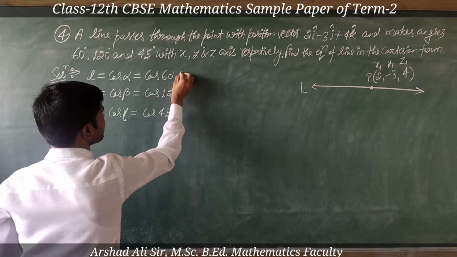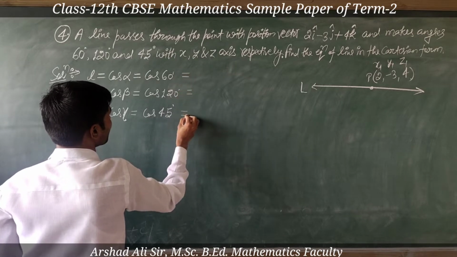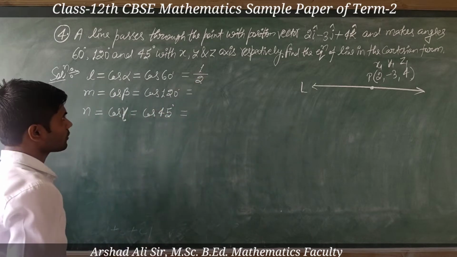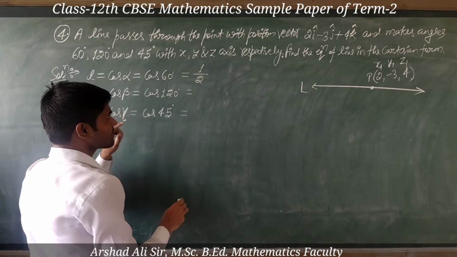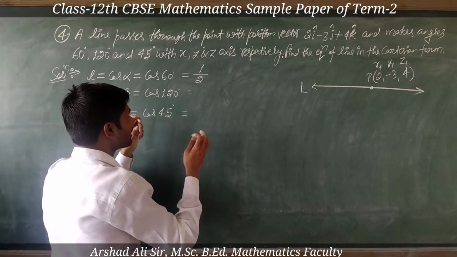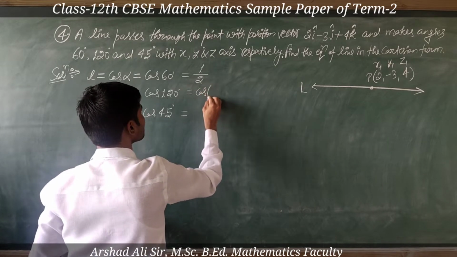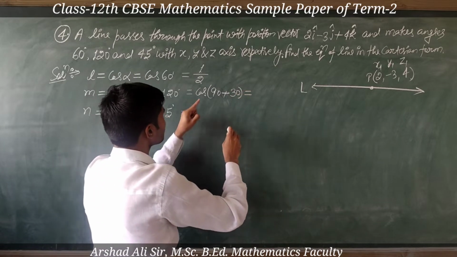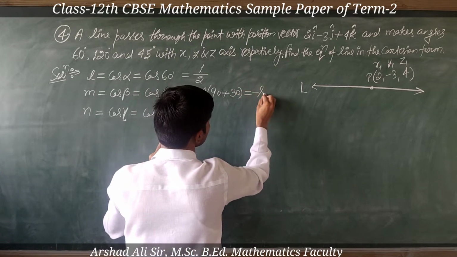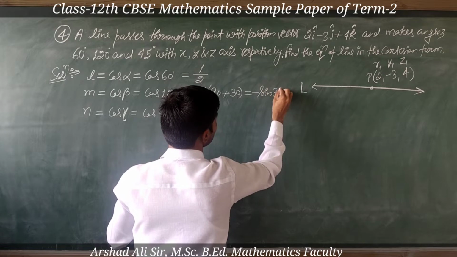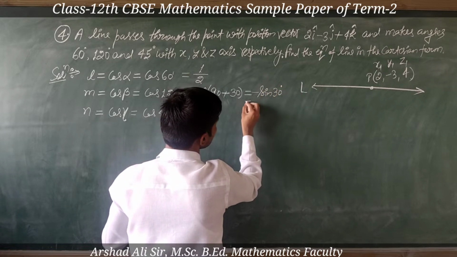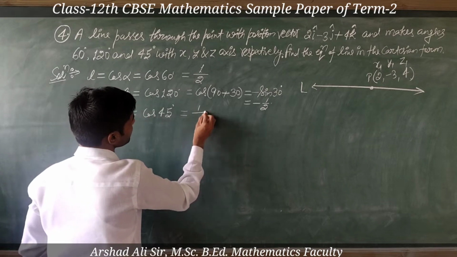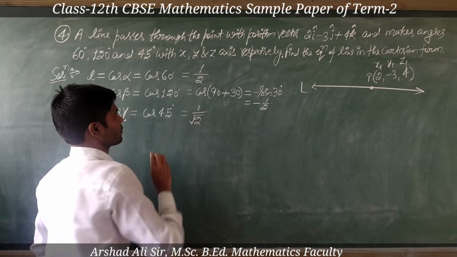Okay, now we can find the values. Cos 60 degree is equal to 1 upon 2. Cos 120 degree is equal to minus 1 upon 2. But how can we find it? We can write cos of 90 plus 30, so cos 90 plus theta is minus sin theta, and the value of minus sin 30 is equal to minus 1 upon 2. Now cos 45 is equal to 1 upon root 2.